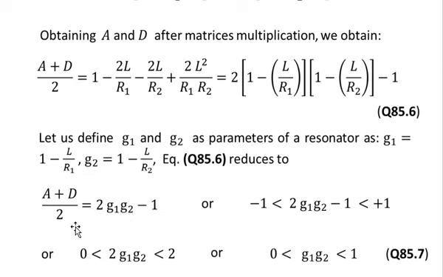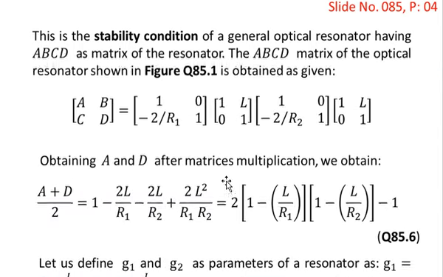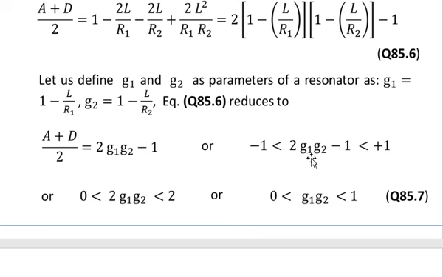Or simply, you can insert this value, 2G1G2 minus 1, over here. So A plus D divided by 2 can be replaced by its value, 2G1G2 minus 1, which is greater than minus 1 and less than plus 1.